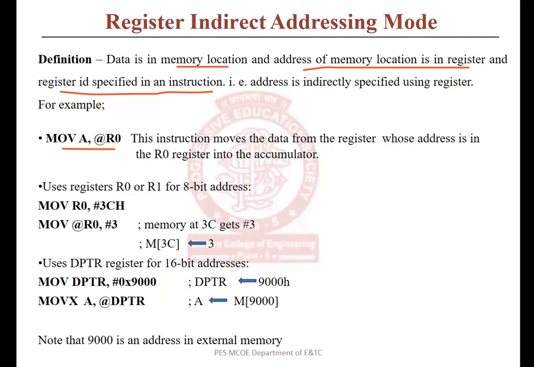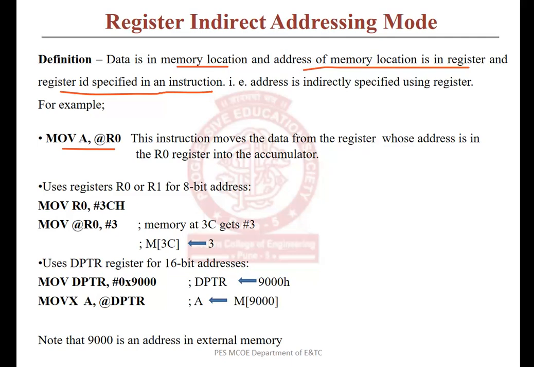So data is stored somewhere in memory, and address of that memory is stored in R0, and that data which is pointed by R0, and you have to point this by the at sign, will move to the accumulator. For this addressing mode you have to use only two registers, R0 or R1. Other registers are not allowed.